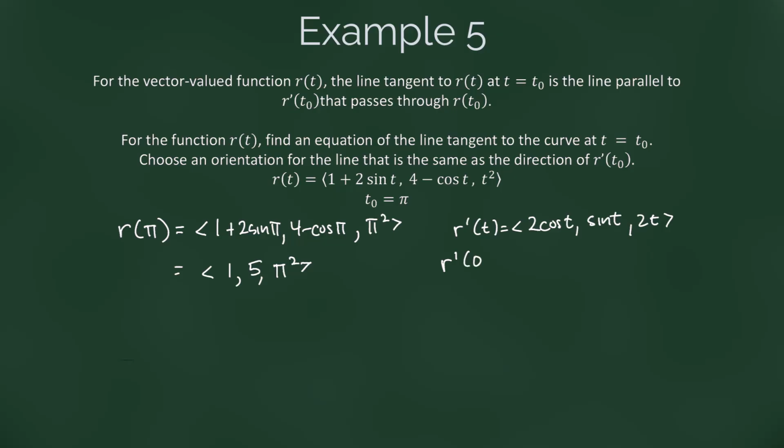So r prime of pi is 2 cosine of pi, sine of pi, 2 pi, which is going to be, the cosine of pi is negative 1, so we get negative 2, 0, 2 pi. So this is going to serve as our direction vector.